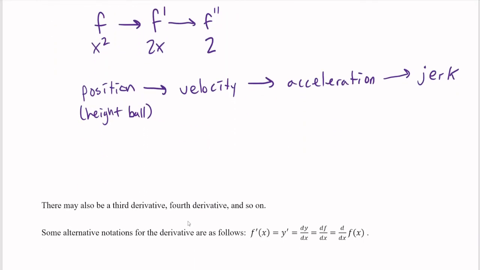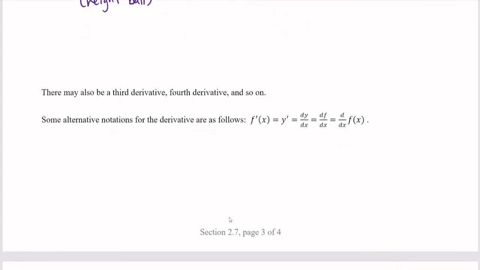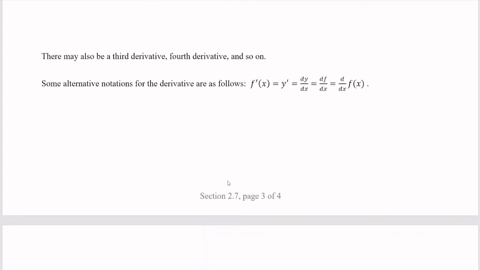All right, and so we've got many derivatives. Keep going. Now, there's other notation to this that you may see. There's even more notation depending on what class you're in. Physics classes will sometimes use dot notation. That's supposed to represent a derivative. So just throwing that in there.